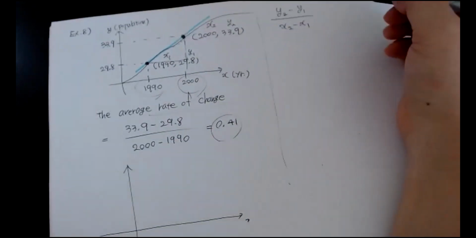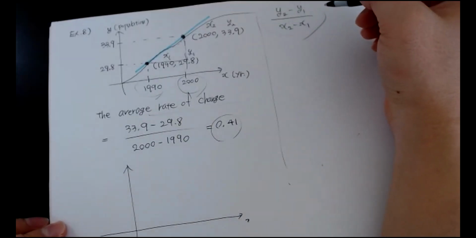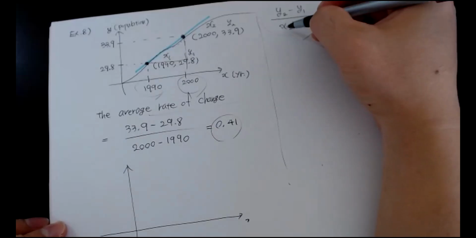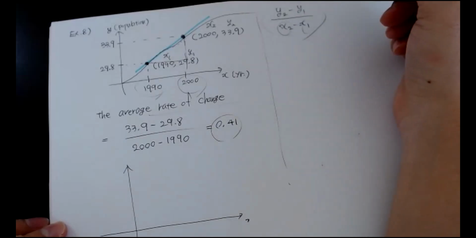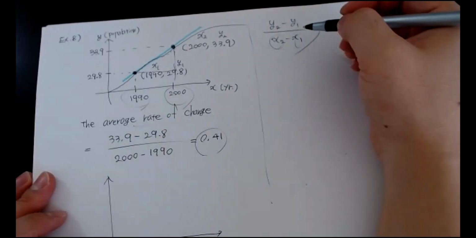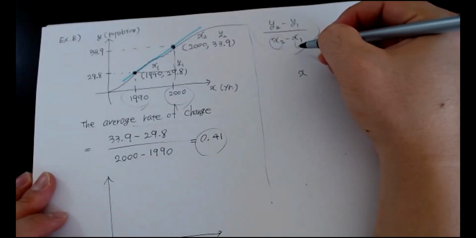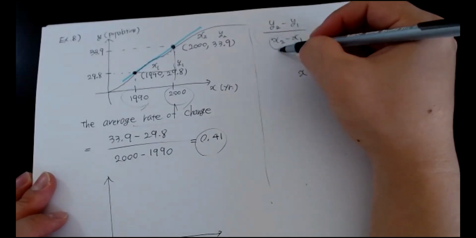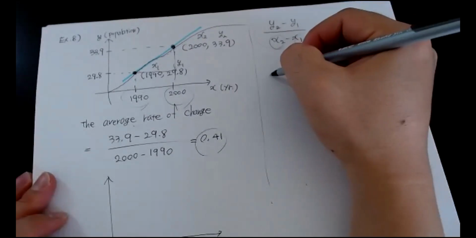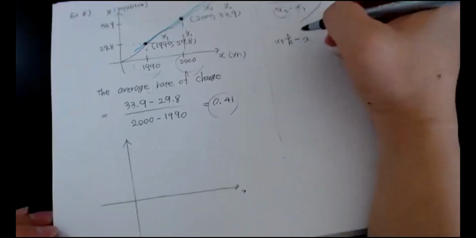I want to express x2 in terms of x1. What I mean is this: I'm going to use just the letter x for x1, and then I'll express x2 as x plus h. What is h?